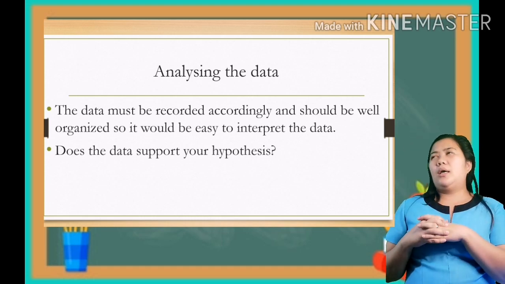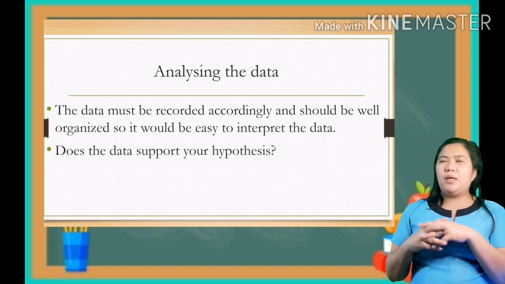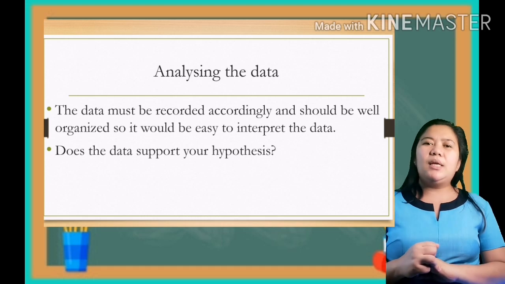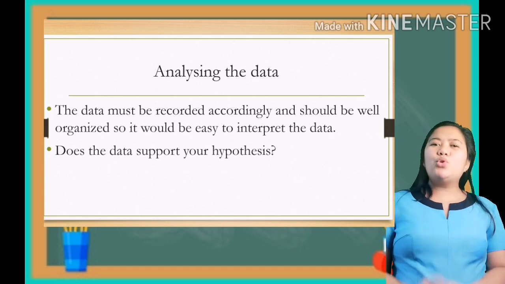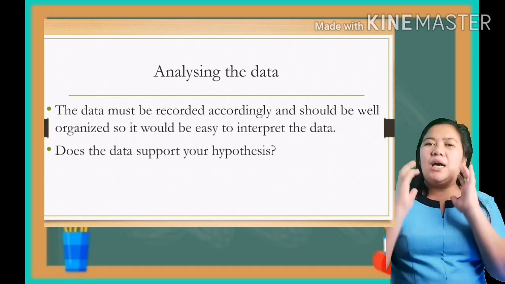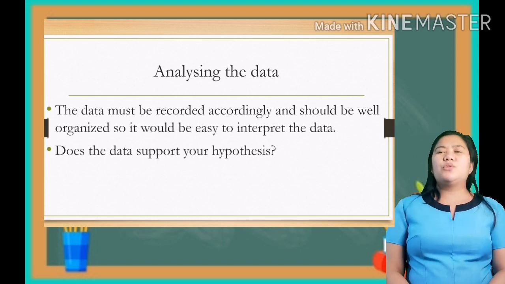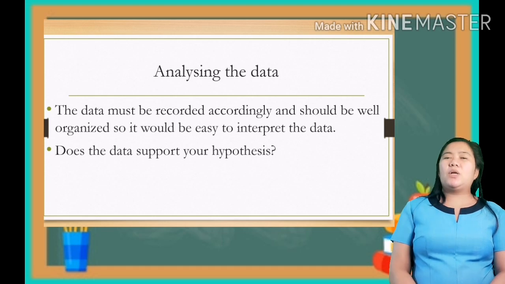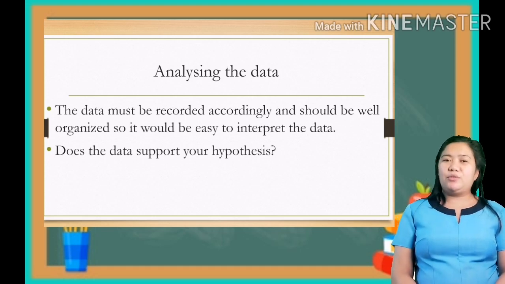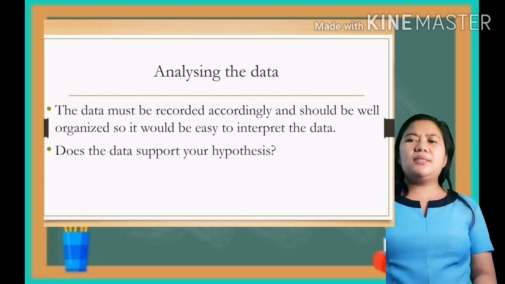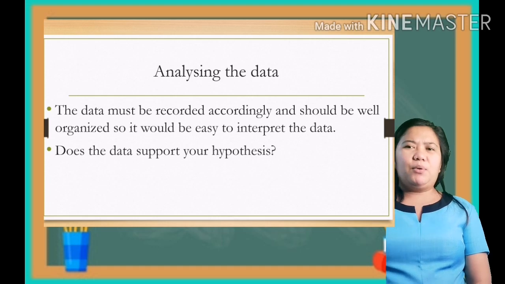So in a hydroponic setup, the root system is one good indicator that your solution on that particular hydroponic setup is very, very effective. So the root system is also another important factor to consider or to record in your data. Now, does the data support your hypothesis?